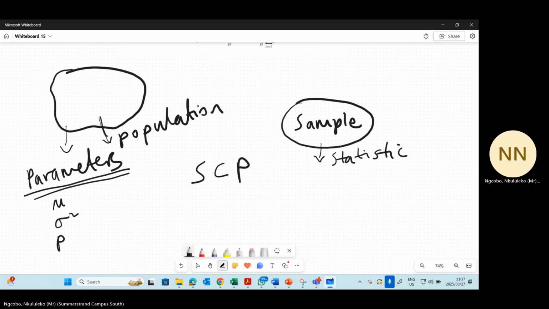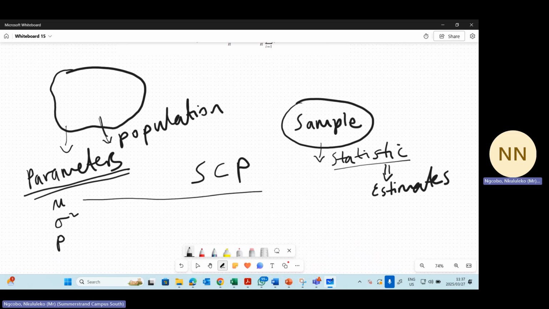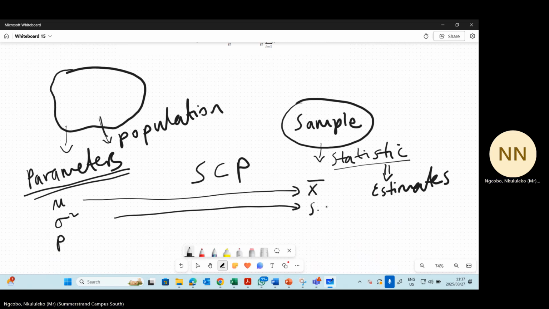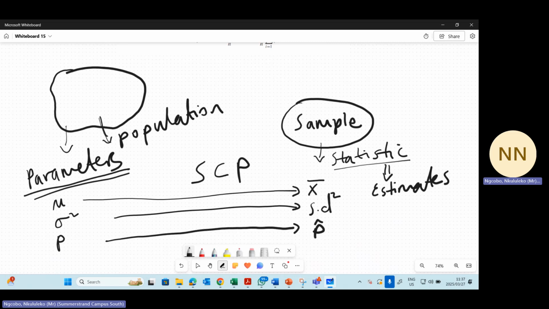These are called estimates. The estimate of the mean is just x bar. For the variance, it's just s squared, and for the proportion, it's just p hat, right?